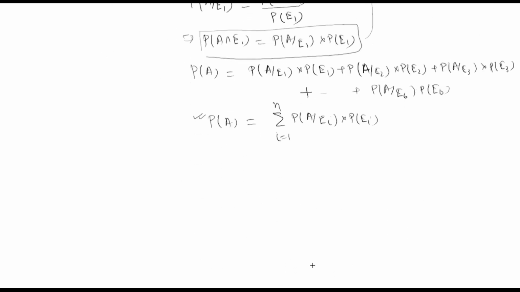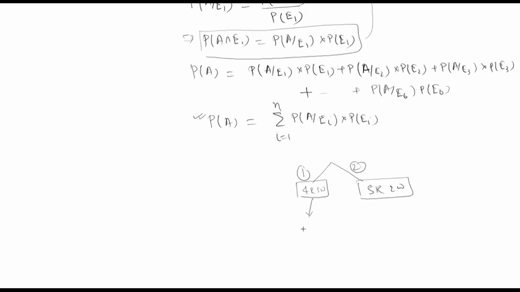So in which cases would it be applicable? There will be cases like this, for example, say there are two bags. Bag one contains four red and three white balls. Bag two contains five red and two white balls. Now you are drawing a red ball.